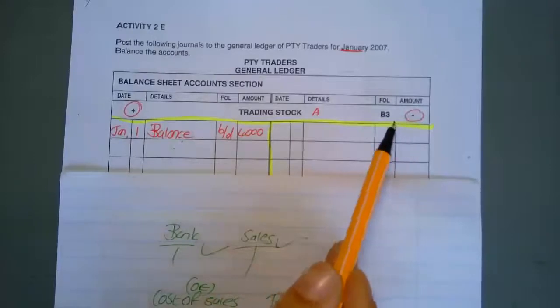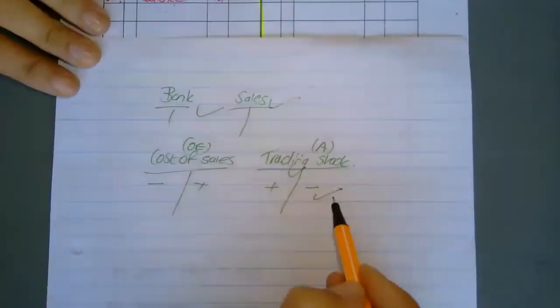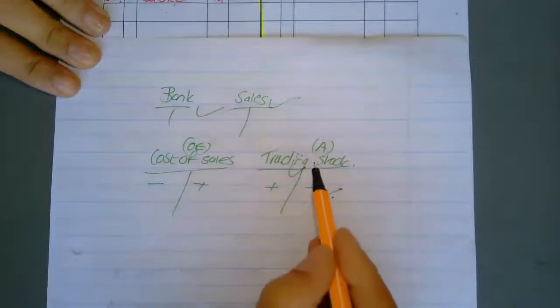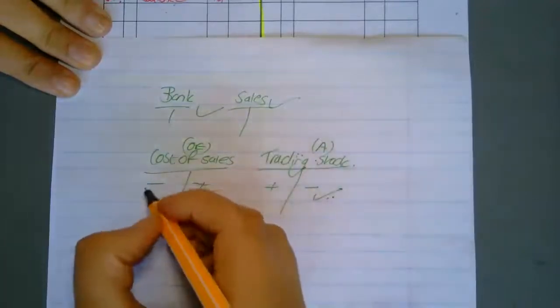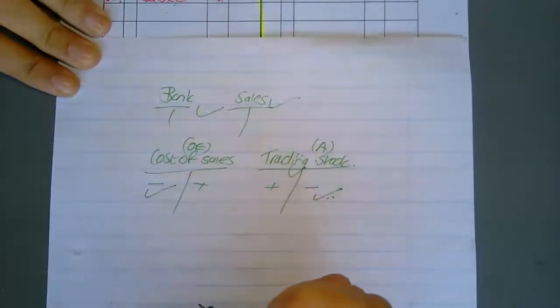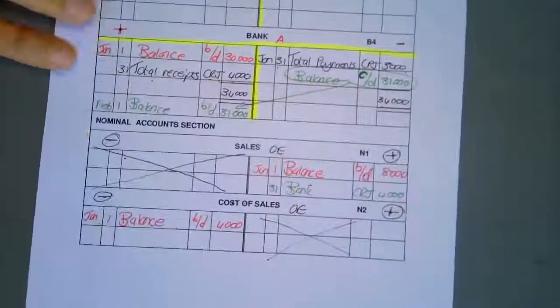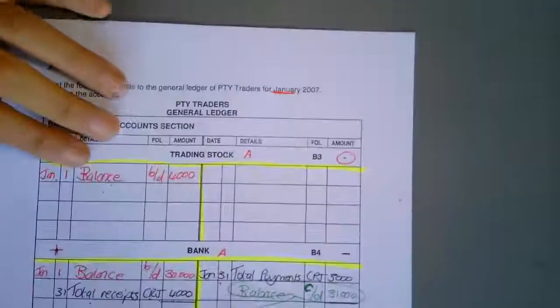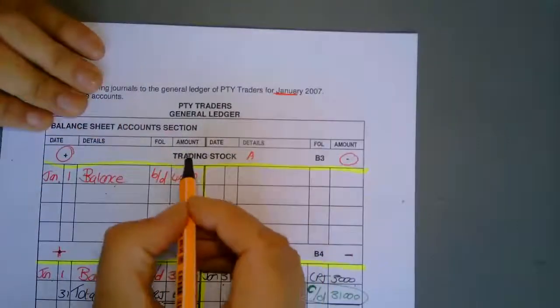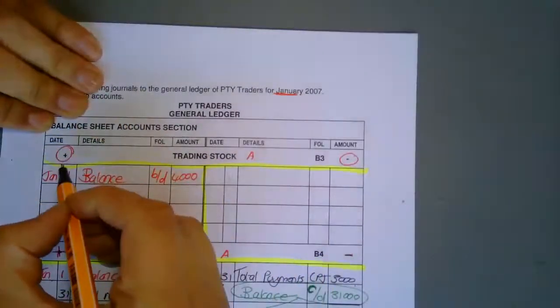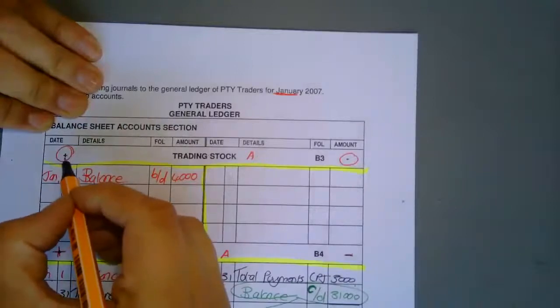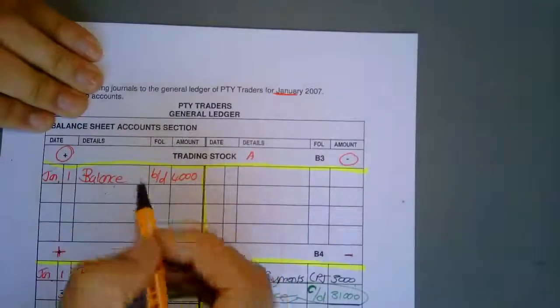So you're losing trading stock. So that is why trading stock is credited in a sales transaction. If trading stock is credited, cost of sales will be debited. Okay, so remember this. So now, remember we said when we are buying trading stock, we write on the debit side because our trading stock increases. Let us do this one first.